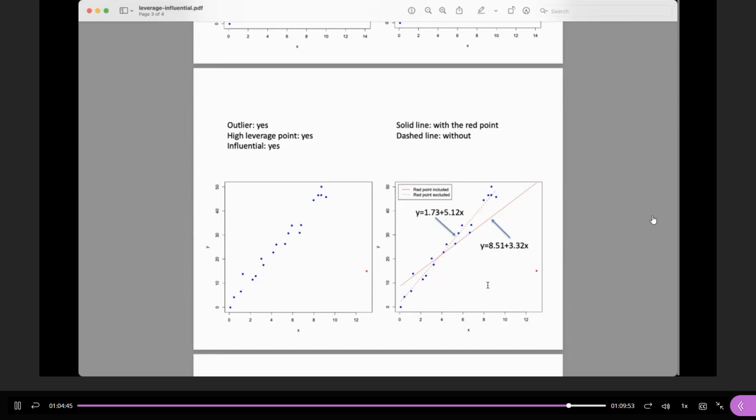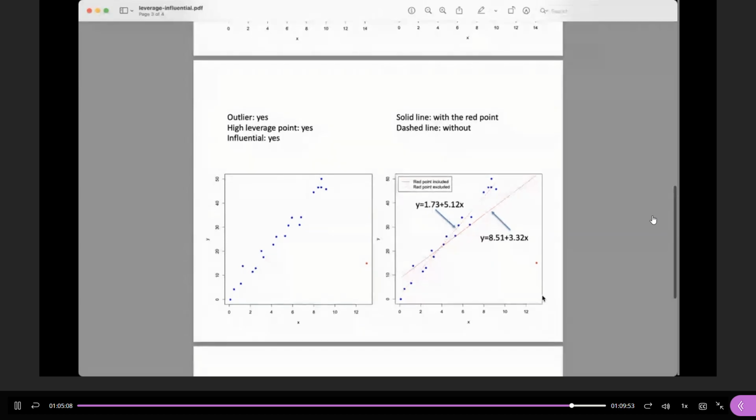Obviously, this data point pulled the regression line toward itself. So in this case, if you look at every data point, Y hat versus Y hat with the point deleted, the difference will be large. So this is the influential point. It's both high leverage and also extreme in Y, extreme in Y minus Y hat. So this is an influential point, okay?